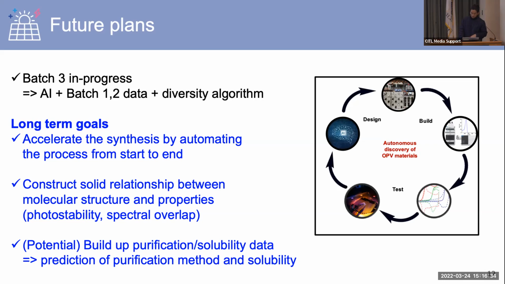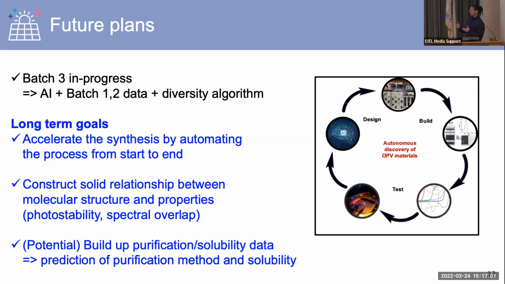For this project, we also have 3 long-term goals. The first one is to accelerate the synthesis by automating the whole process, and we are also planning to construct a solid relationship between the molecular structure and properties. The third one is more of a potential goal.